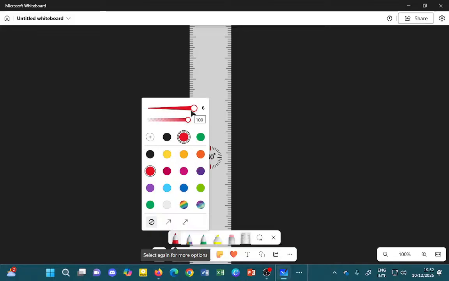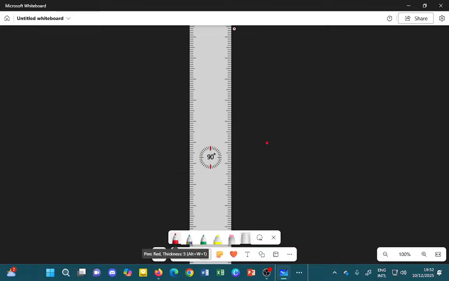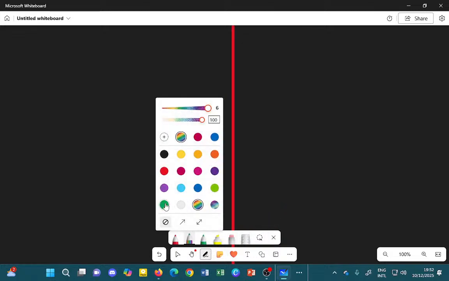Let me pick this. So I've marked an area where I'll be working.